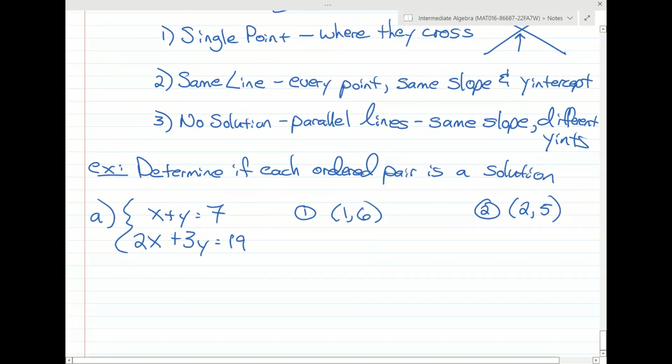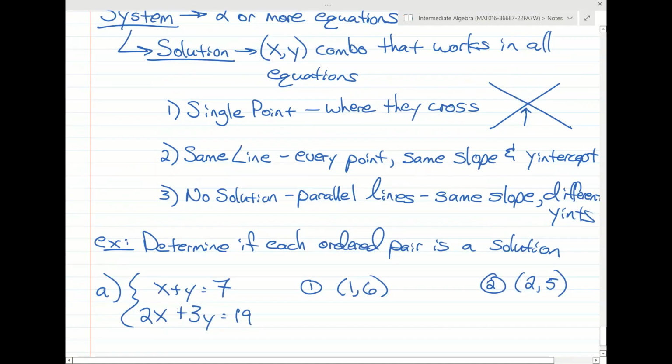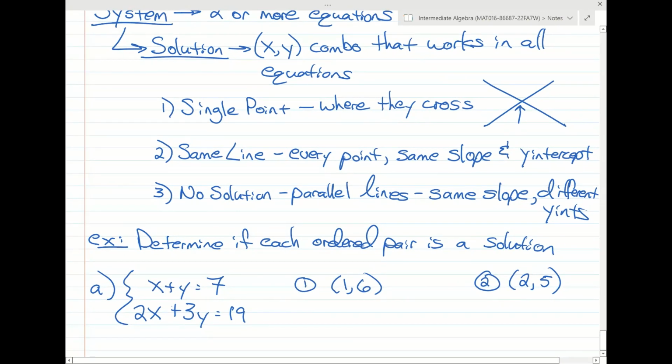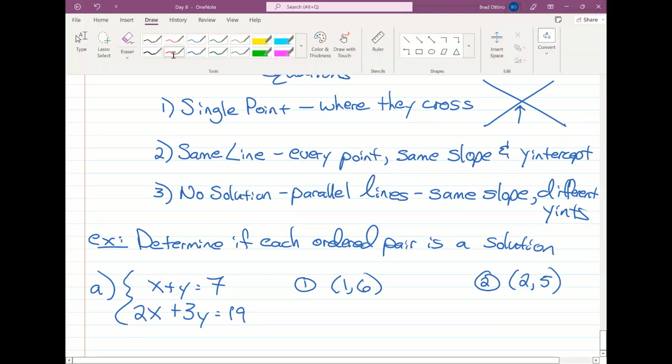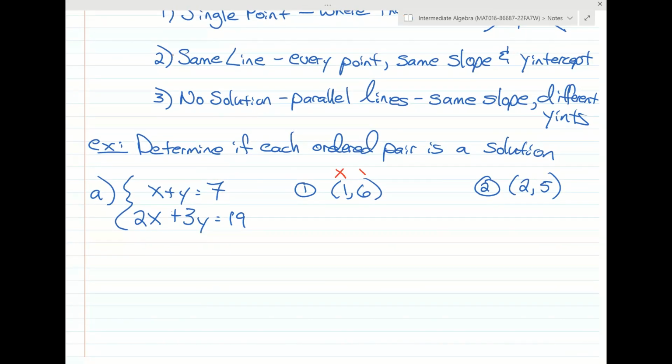The way you figure out if they're a solution is, as we said before, it's an X and Y combination that works in all equations, right? So let's plug in (1,6) for x and y and see if it works for all the equations. For the first one, 1 plus 6 equals 7, so it works for the first equation.